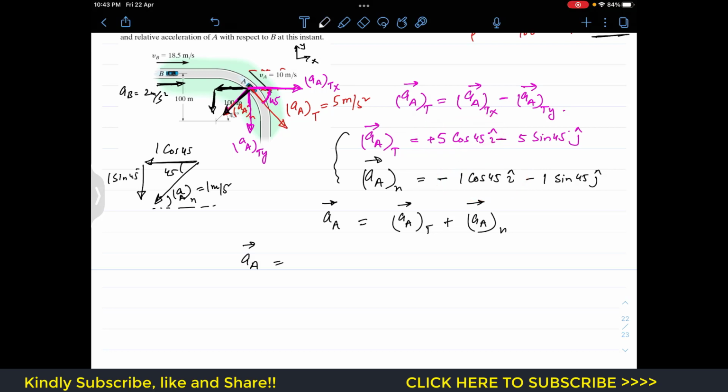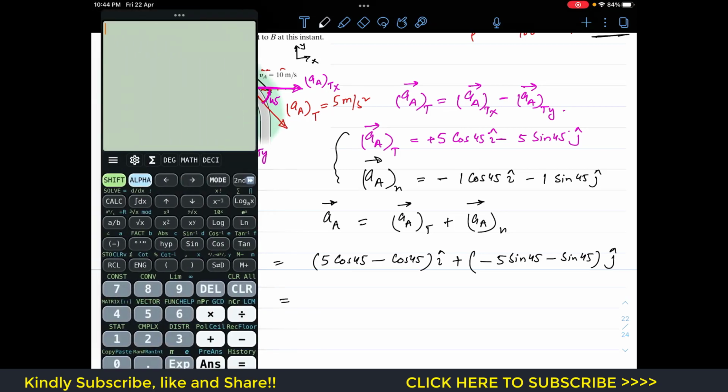So now we have to add this and this. So this is 5 cos of 45 minus cos of 45 in the i, and then we have to add this and this. So we have to write plus minus 5 sine of 45 minus sine of 45 in the j.